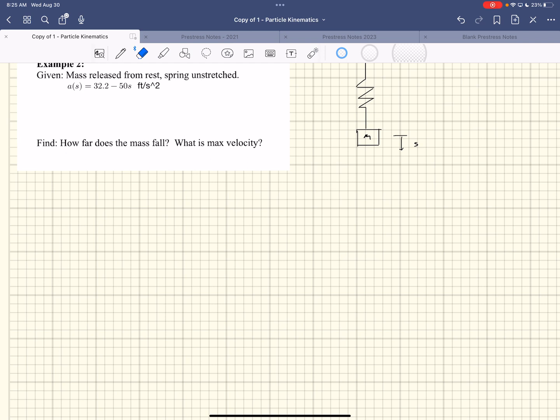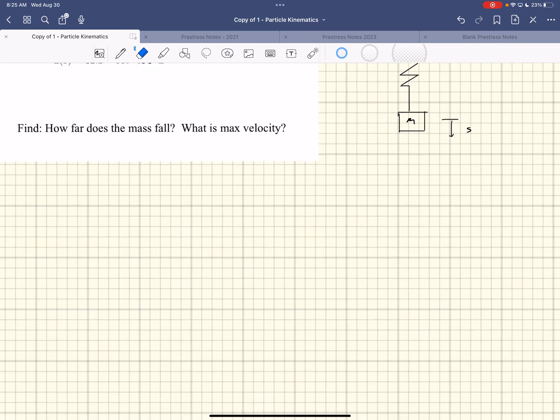What did I do here? Oh, I went back too far. It's velocity. Yep, so you could look up in your previous notes. I'm going to rewrite kind of what we derived.